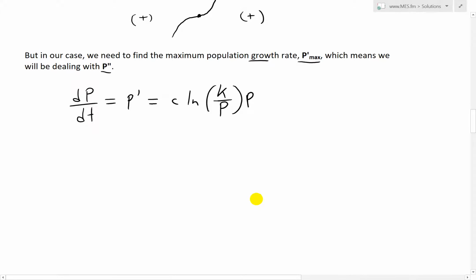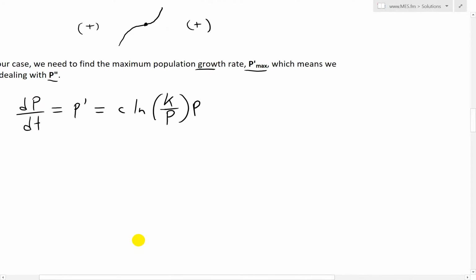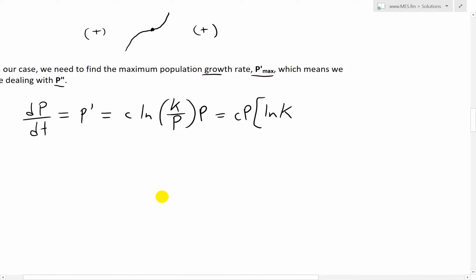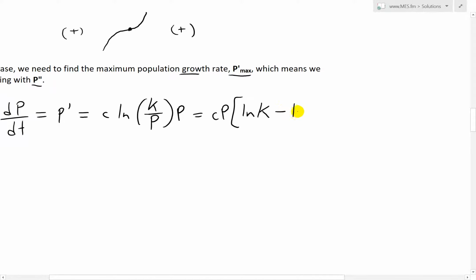So scroll back here. Let's simplify this further, put this cp in front like that, and then we can use logarithmic property rules. When you have a division, you can subtract, so this becomes ln k minus ln p, like that.